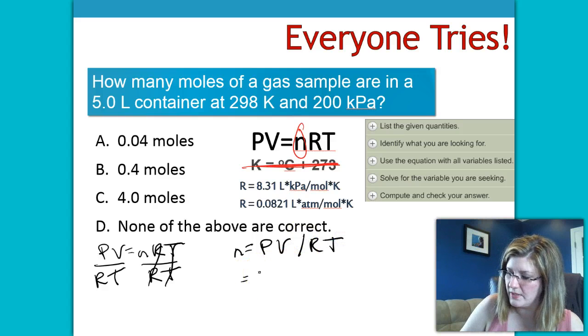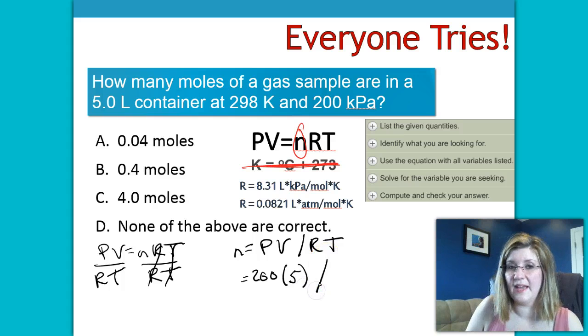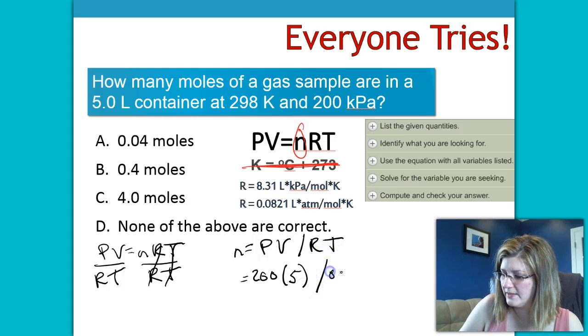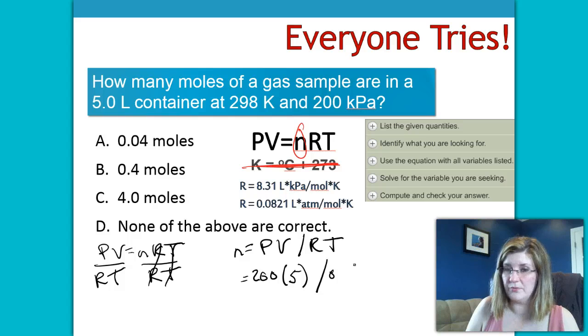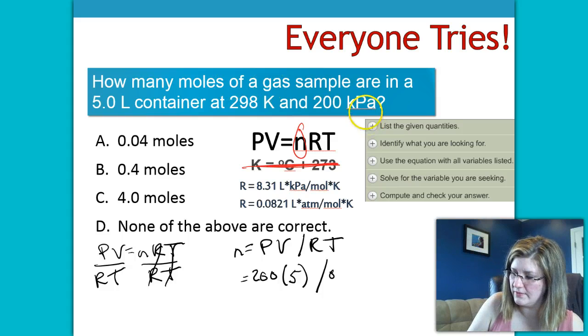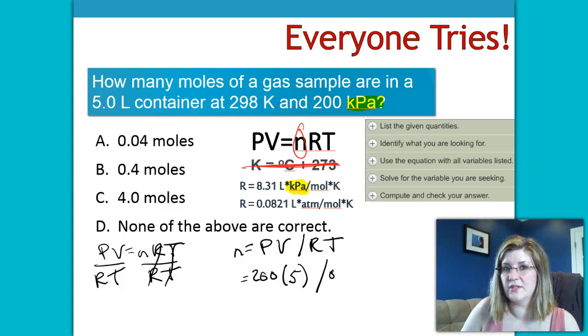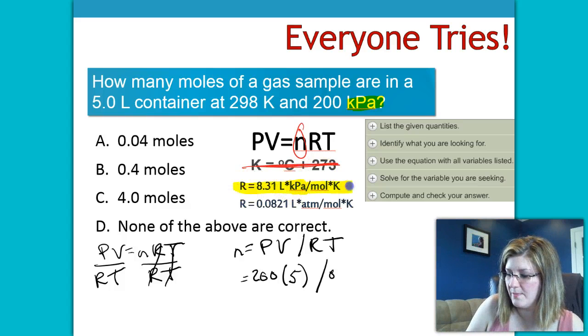Our pressure here is going to be 200 kilopascals. Our volume, 5 liters. That whole quantity divided by, which R value are we using? Our pressure is in units of kilopascals. So this is the first time in this lesson that we're going to use the other R value, the 8.31 R value.